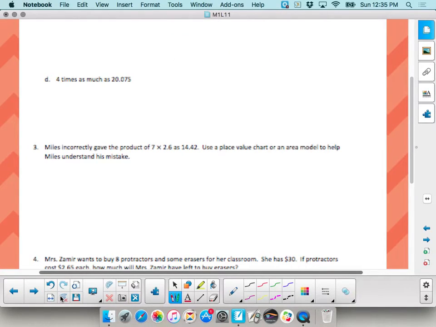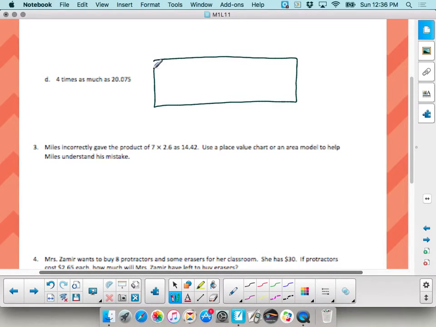Next problem says 4 times as much as 20 and 75 thousandths. So this time we have a lot more to put on the place value chart. We're going to put it separated into tens, tenths, hundredths, and thousandths.